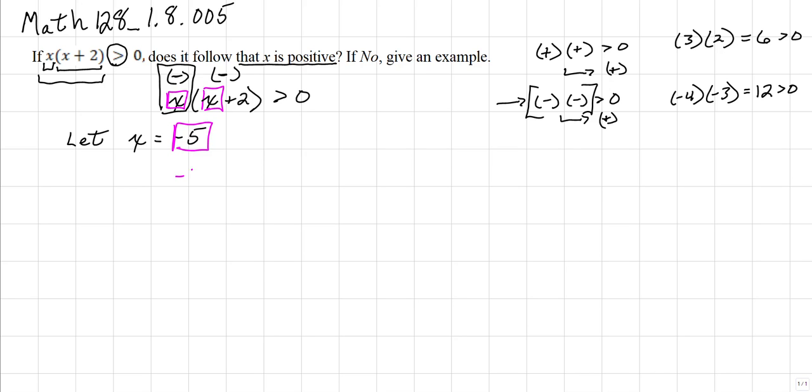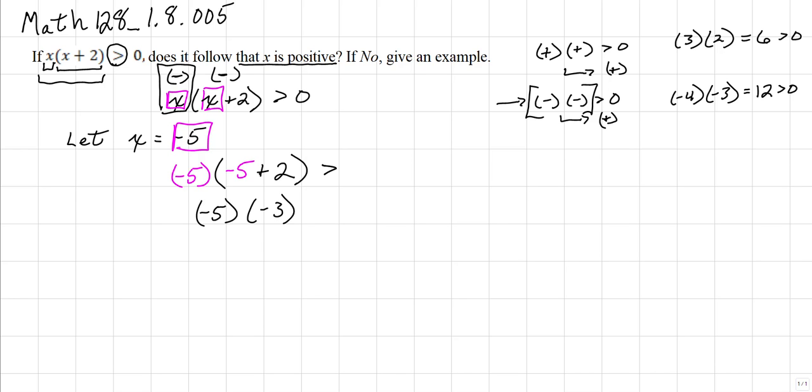So I then will have negative 5 times the quantity negative 5 plus 2. Now, what that means is I have negative 5 here times negative 3.